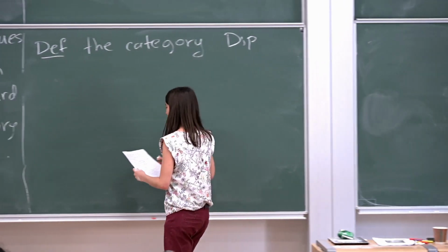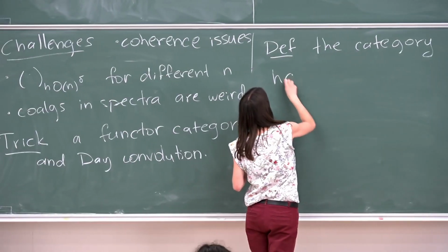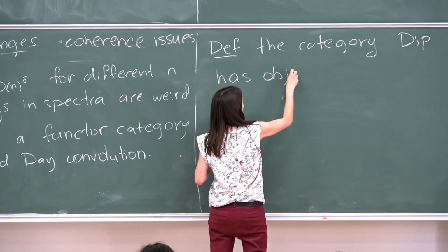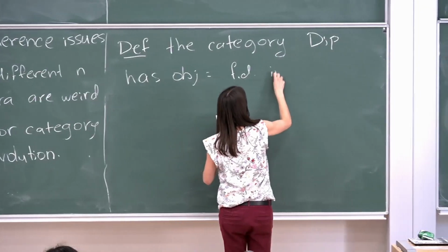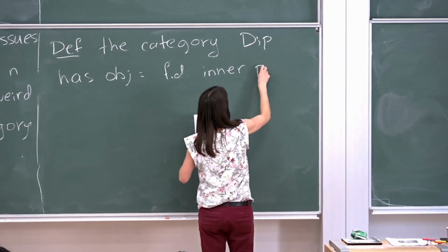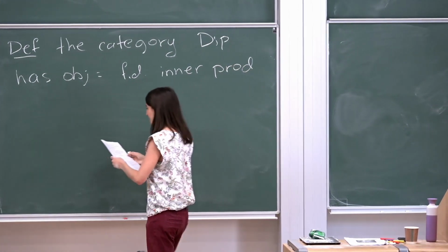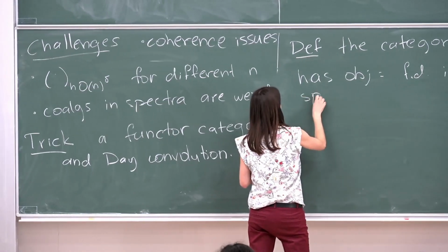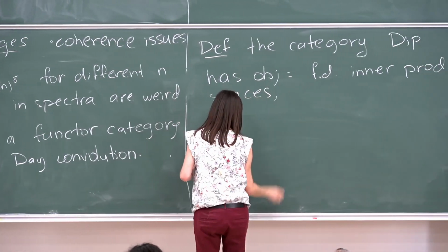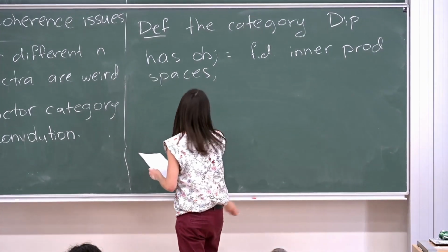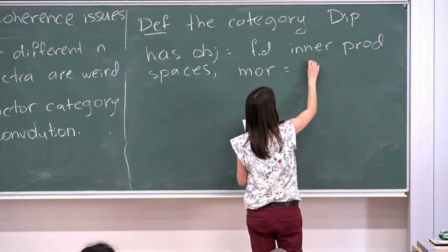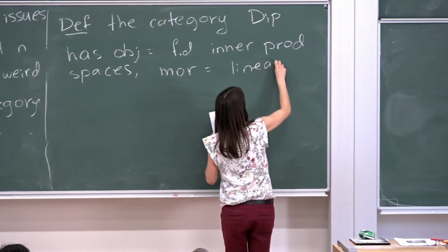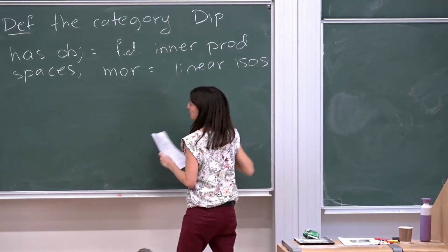This has objects, finite dimensional real inner product spaces, and morphisms, linear isomorphisms that preserve the inner product.